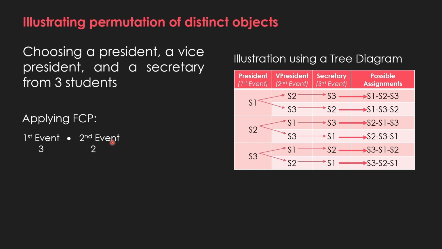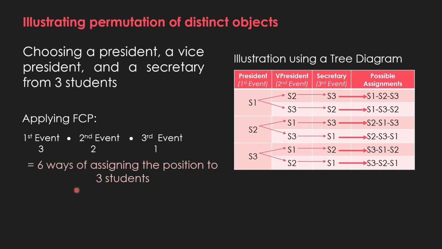And after we have chosen 1 from the 2 students who will become the vice president, the remaining 1 student will automatically become the secretary, which is under the third event. And then we multiply all the number of ways in each of the events, and that would be, of course, 6. And so therefore, there are 6 ways of assigning the positions to 3 students. So that's it for this second example.